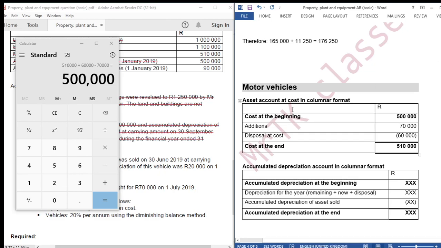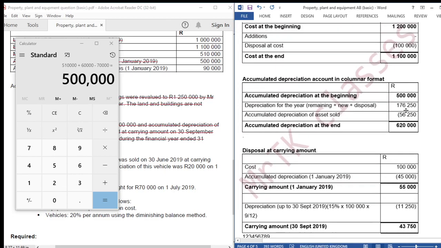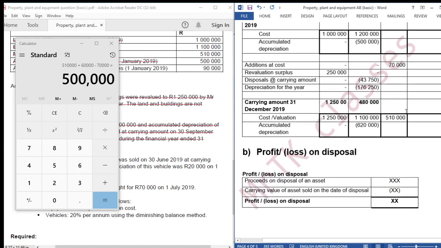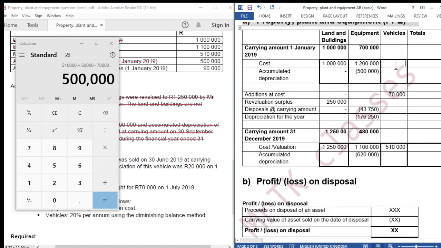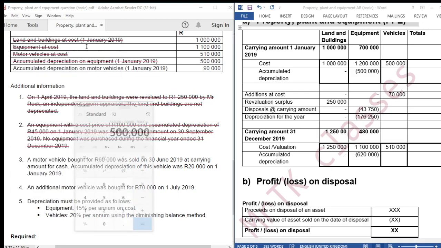Cost at the beginning, 500,000. Accumulated depreciation on motor vehicles, 1 January 2019. What is it?